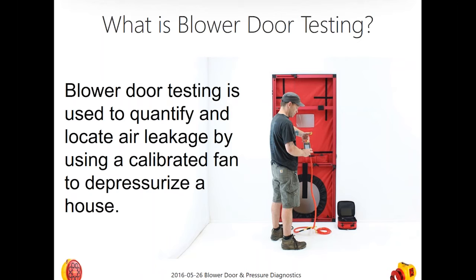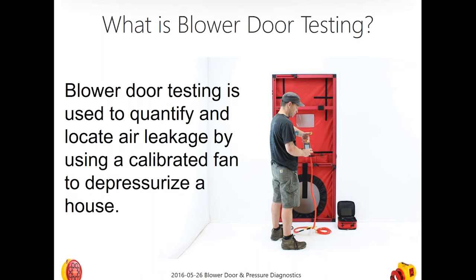So let's talk about what a blower door is. Oftentimes we take for granted what blower door testing is. We get in there and we just do it because we need to fulfill some sort of expectation, perhaps a code or otherwise, but oftentimes we don't really think about what it generally is.